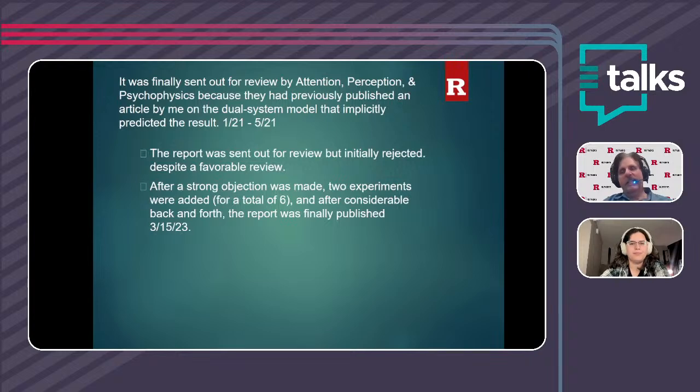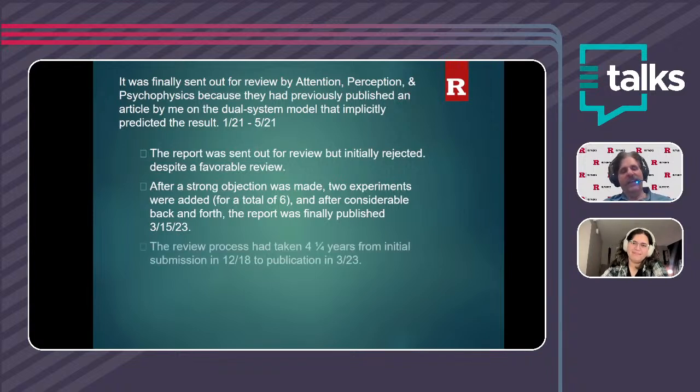Okay, so it's now part of the scientific literature that, in fact, response assignment can select different neural systems. Though that doesn't necessarily mean, given the initial reaction, anyone's ever going to admit that report exists or cite it or do anything with it. In fact, the entire review process had taken 4.5 years from initial submission until publication.